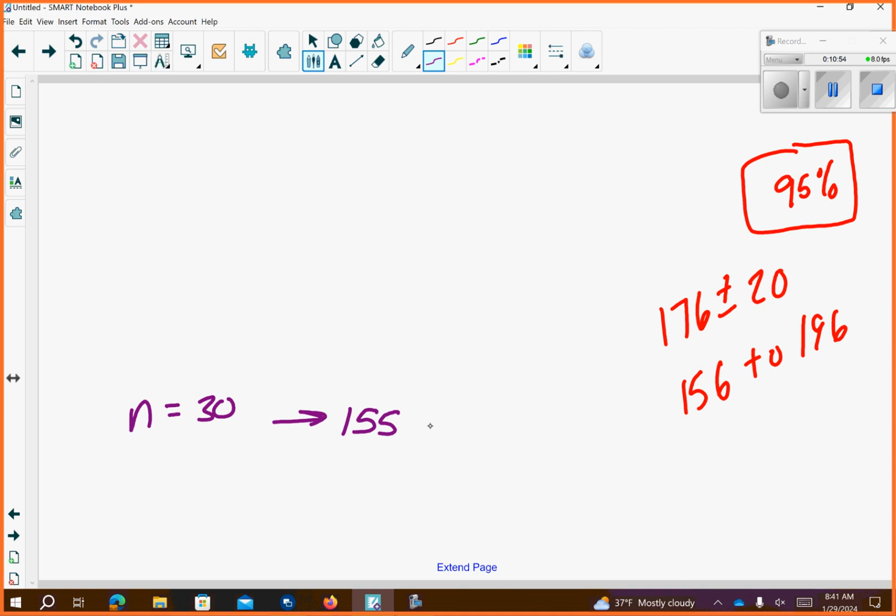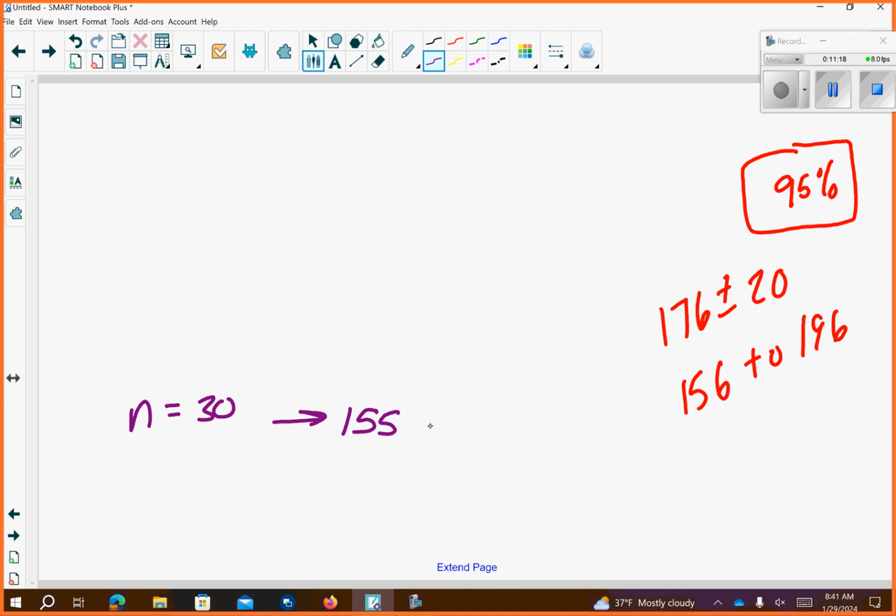I got 155 for that sample. But I'm 95% confident that plus or minus 20 of some value I think is in between, I go from 156 to 196. So do we accept 155 being outside of it?